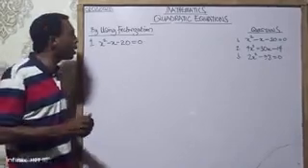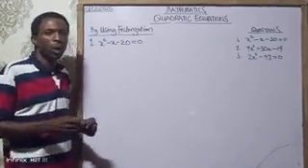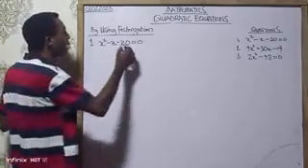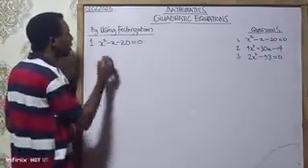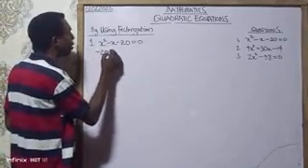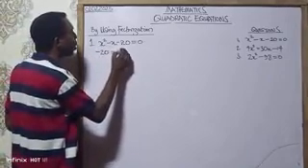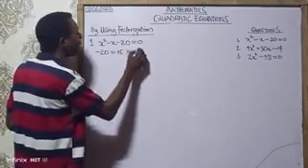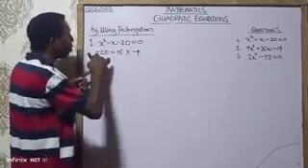I think that should be minus 5 plus 4. So when we have minus 20, it can give us plus 5 multiplied by minus 4.